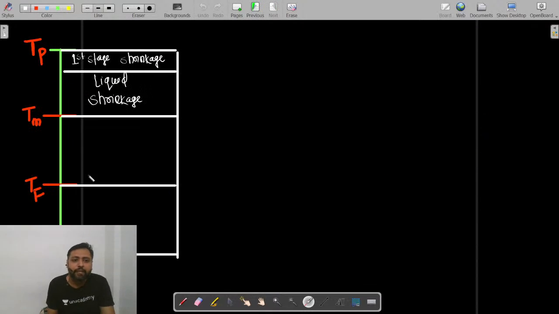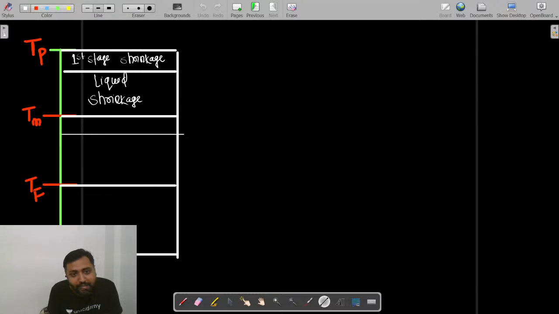A similar thing will happen when it solidifies. It solidifies in which temperature range? Between Tm and Tf. Once it is solidifying, again there will be some reduction in volume, except one case. I will tell you, don't worry. In this stage, the second stage shrinkage will happen.